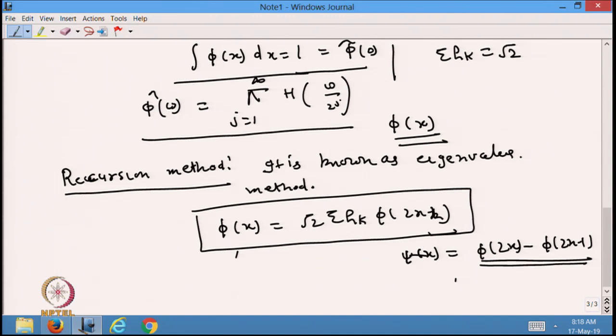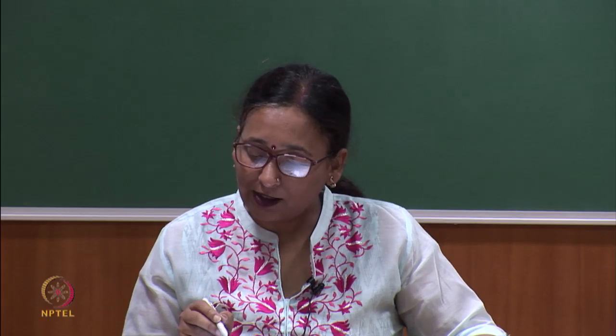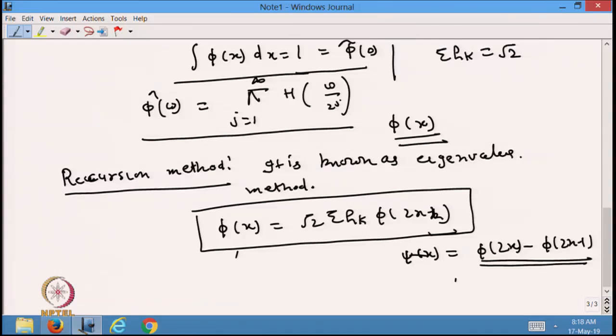So, there are three ways to start, all of them equivalent. Either you choose the h k filter coefficients first, then you can compute phi and then you can compute the approximation spaces Vj, or you choose phi and then you can compute the h k's or Vj. So, there are three ways to start the multi-resolution analysis.